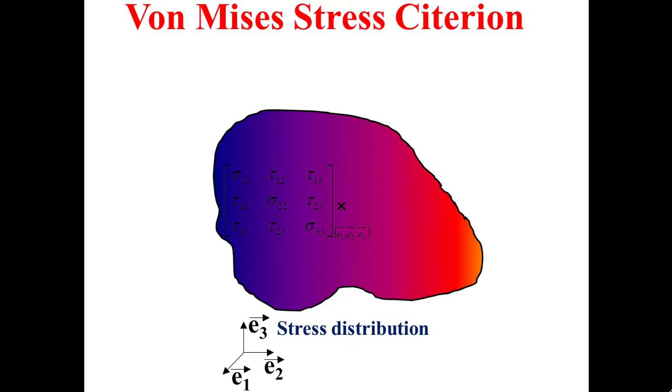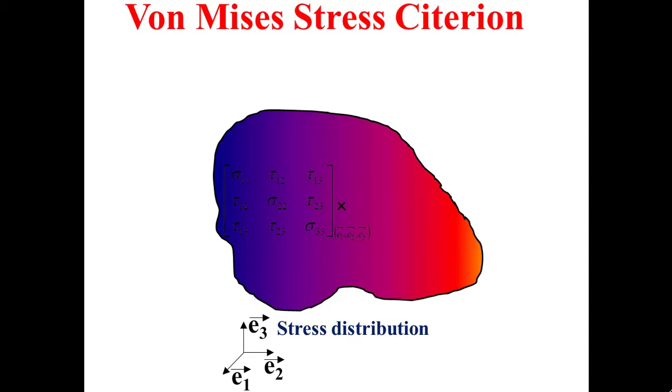So in order to overcome this problem, we can use several criteria that permit to transform this 3D stress tensor format to an equivalent scalar format of stress, to an equivalent stress scalar format.